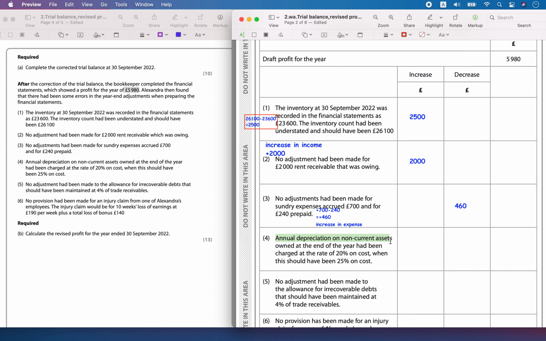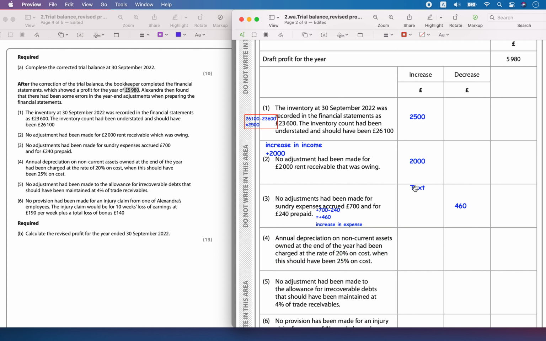Then you had annual depreciation on non-current assets owned at the end of the year that had been charged at the rate of 20% on cost when it should have been 25% of the cost. So let's calculate this.